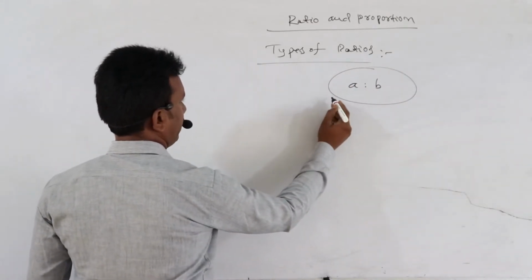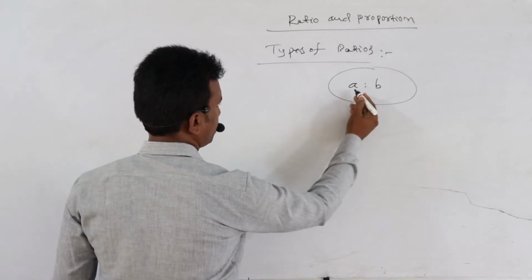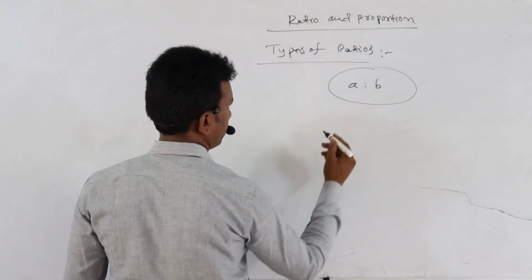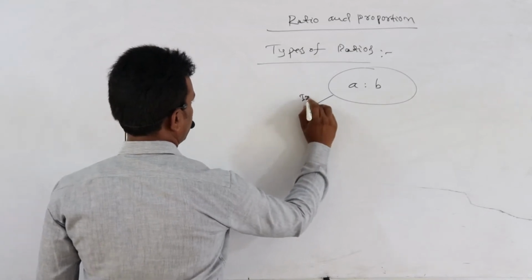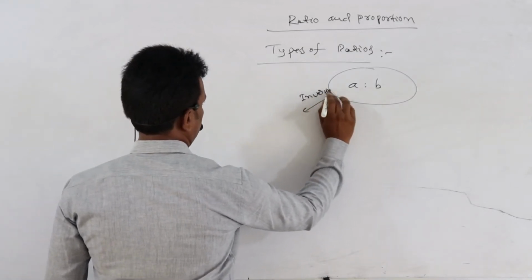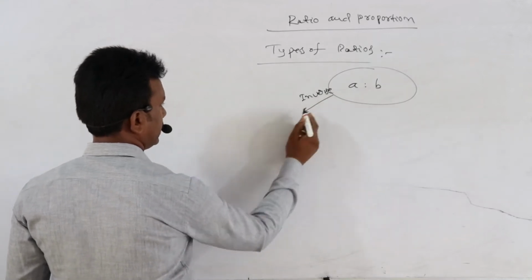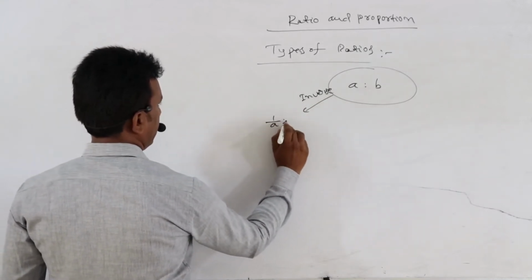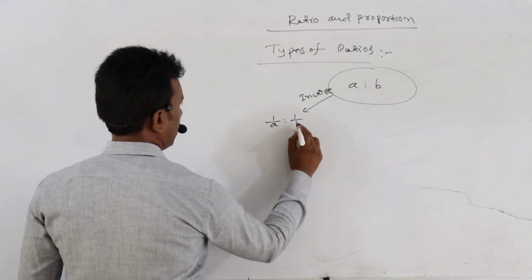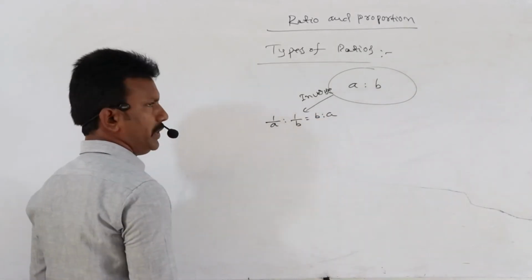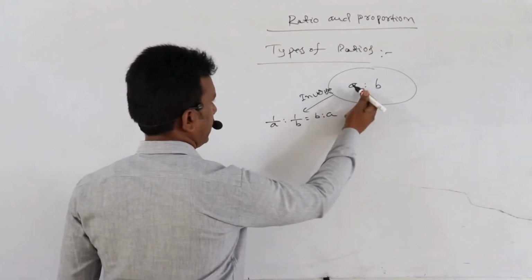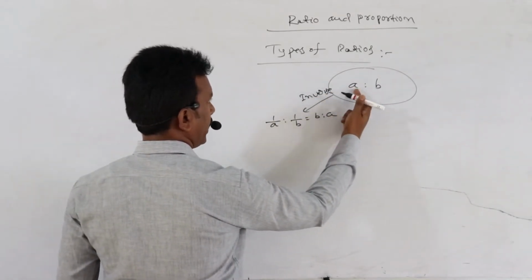We define five different types of ratios for the given ratio A is to B. The first one is inverse ratio. Inverse ratio is defined as 1 by A is to 1 by B, or simply B is to A. This is one type of ratio of A is to B.